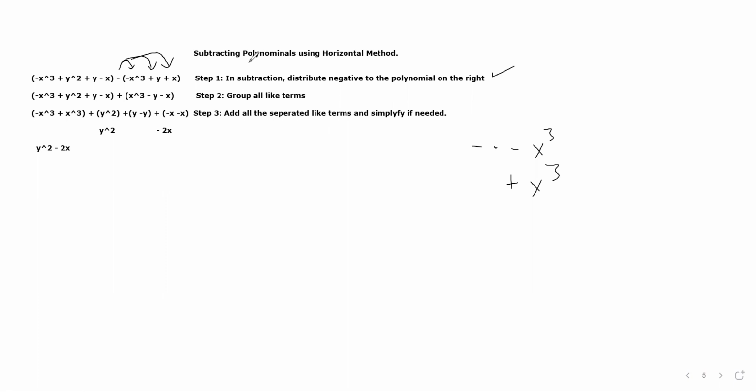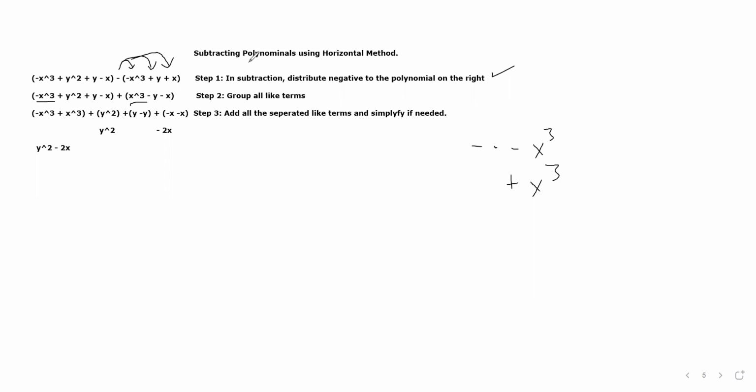We distribute them. Now we need to group them, right? So we're going to group all the like terms. The first thing that I did was underline the highest term first. So I'm going to do the x cubed, right? Those 2 that I underlined are the only x cubes in either polynomial.